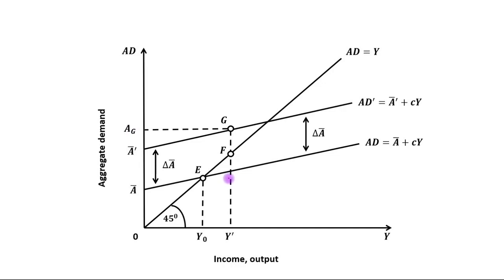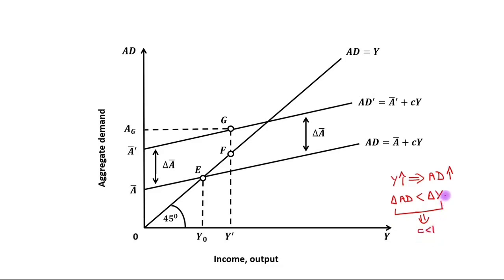Also, you should observe that the gap between aggregate demand and output has reduced to GF. Reason: we know that as output level increases, AD increases, but change in AD was less than change in income, because the value of MPC was less than 1.